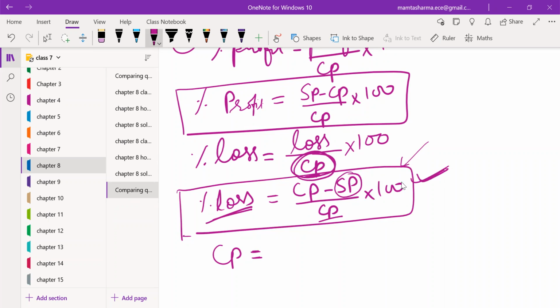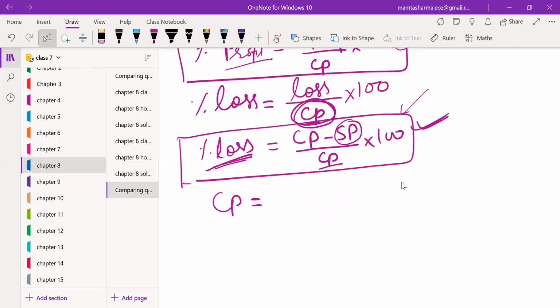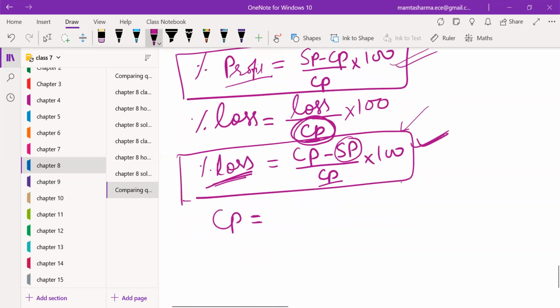Either percentage profit or percentage loss is given, SP is given and they ask CP, then you can put all the known values and solve the equation to find the value of the unknown. Okay. So CP in terms of percentage loss, what is the formula? Aisha will tell. 1 minute, ma'am.